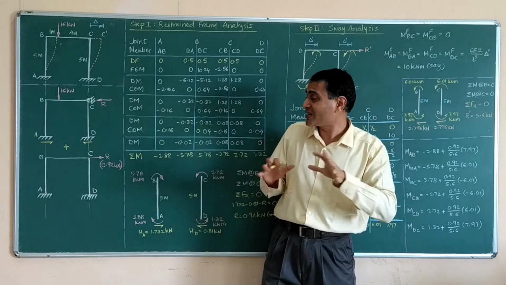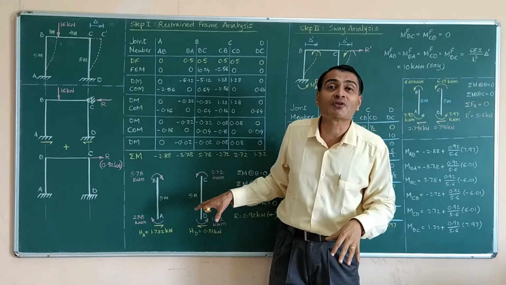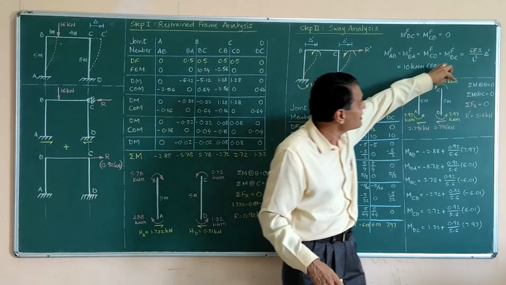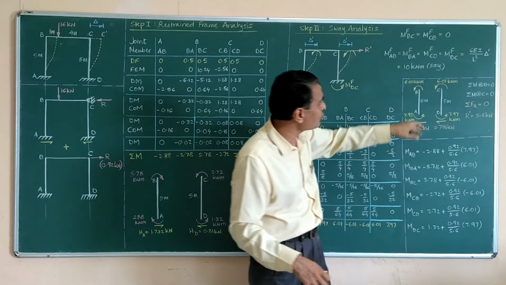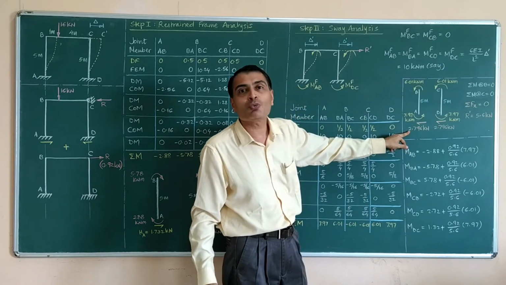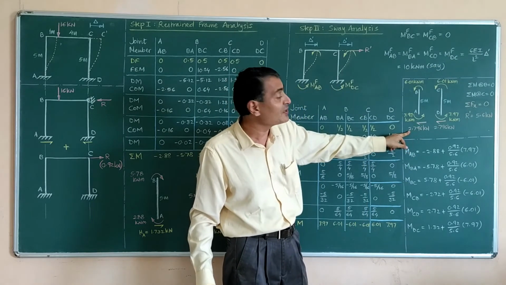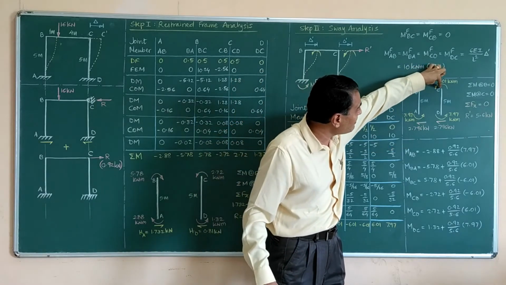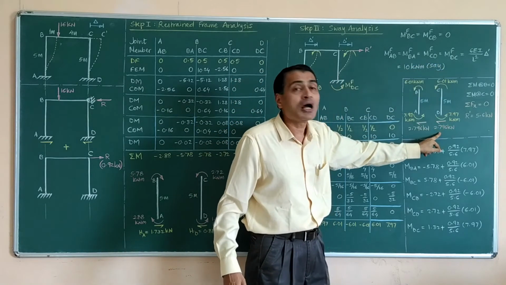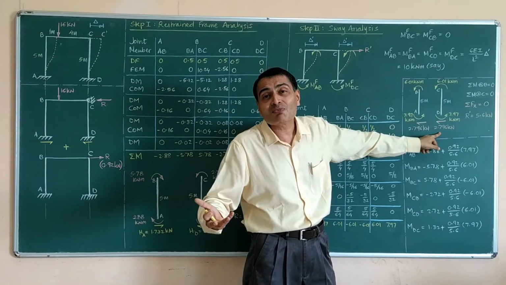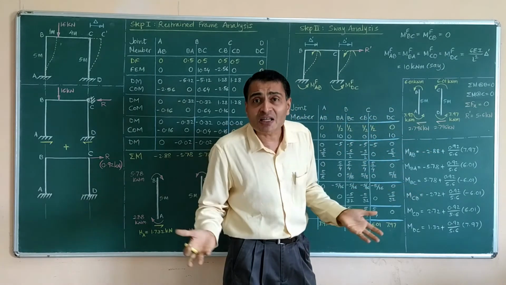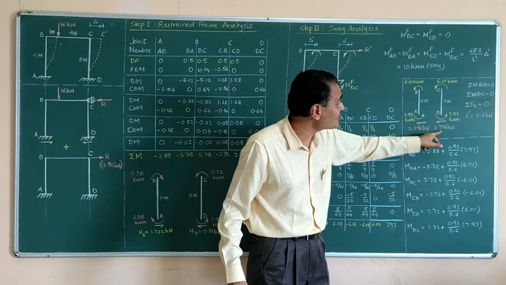This is just analysis like we have done previously for our real case 1, and then I apply sigma M about B equal to 0, I get HA equal to 2.796 kilonewtons. I apply sigma M about C equal to 0, I will obviously get the same value, because both the FBDs in this case are identical, so I am getting the same answer again.